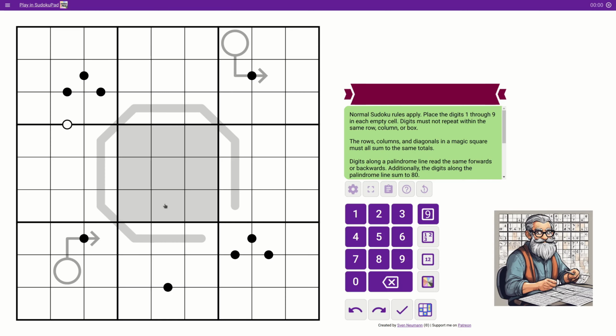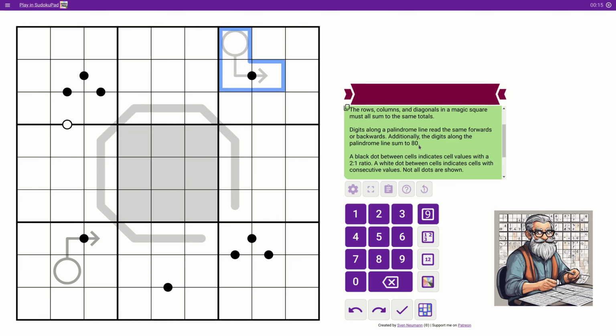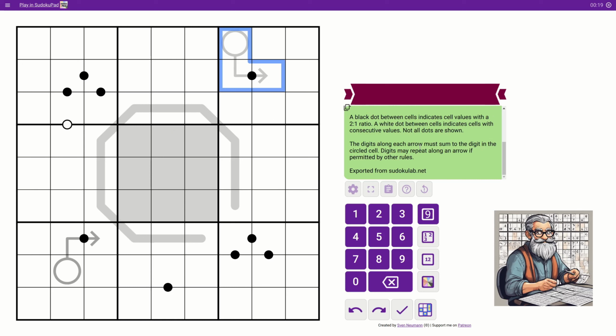Okay. A lot of rules. Okay, those are the dots. The, what's it called? Doesn't say. Well, just an arrow. Alright, must be the sum. That's the palindrome line.